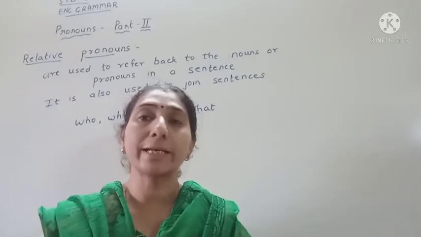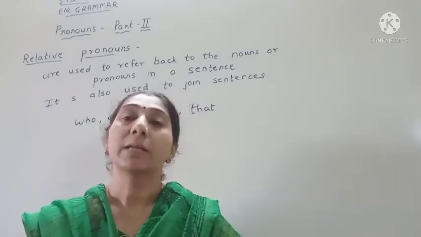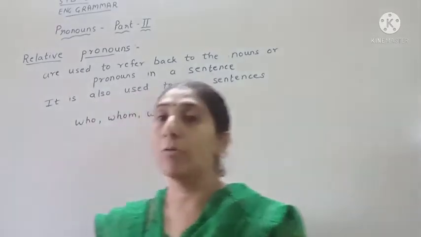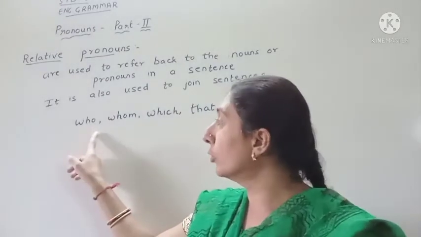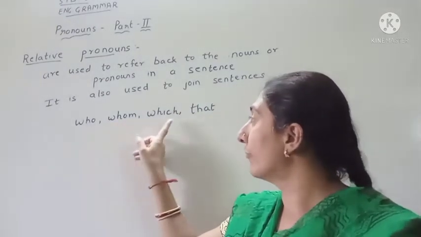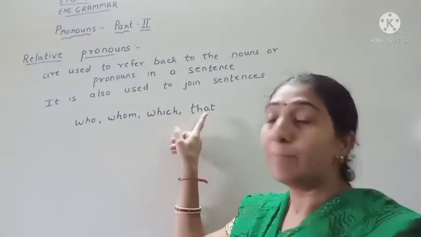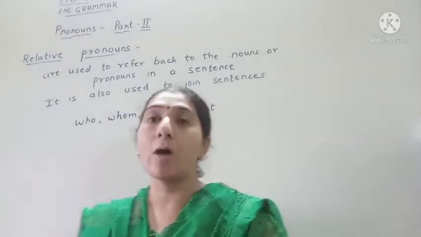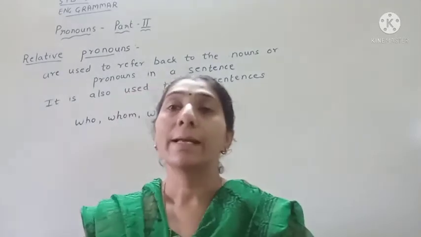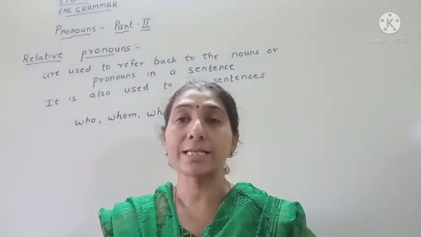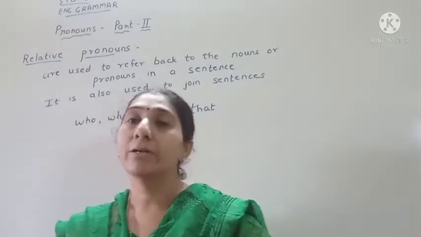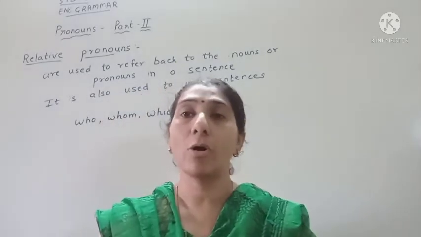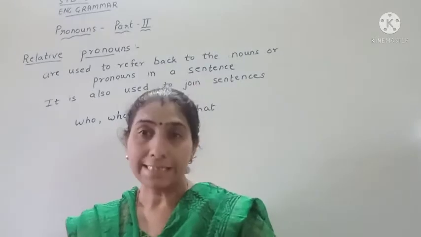We join two sentences by using a relative pronoun. What are the examples of relative pronouns? Who, whom, which, that. These are the relative pronouns we use to join sentences or to refer back to the same person or object in the sentence.